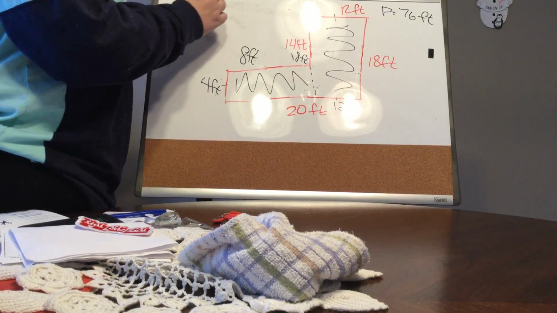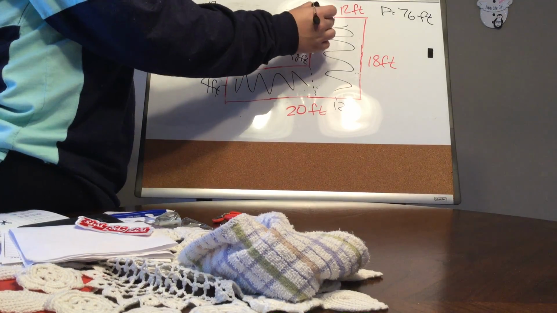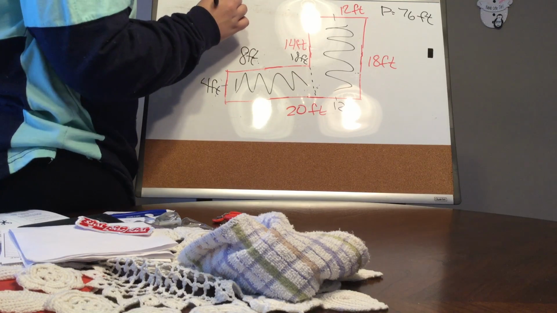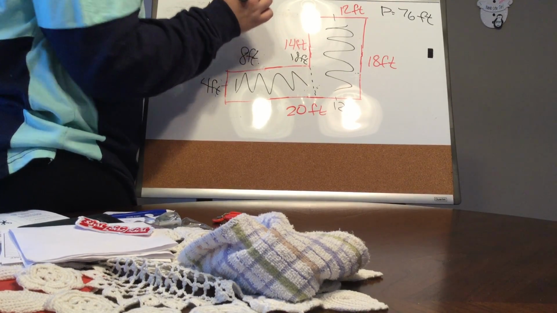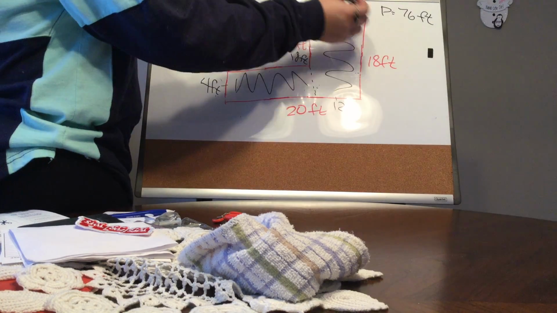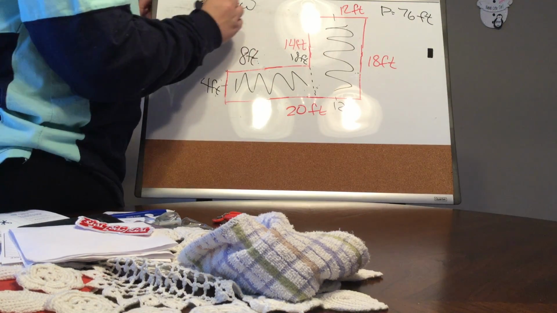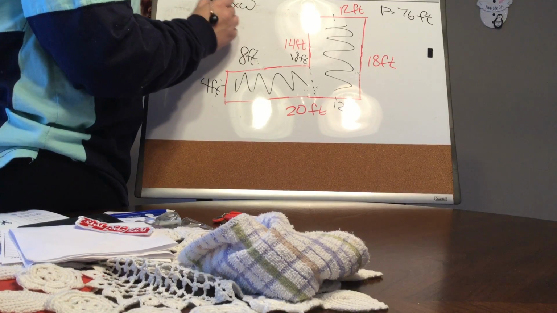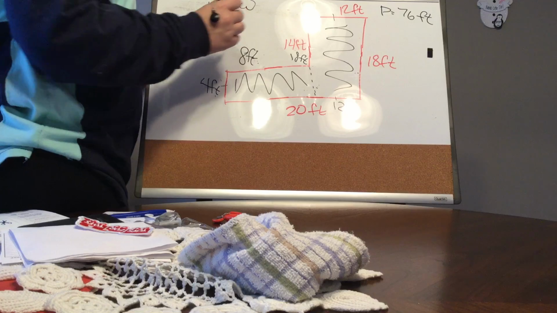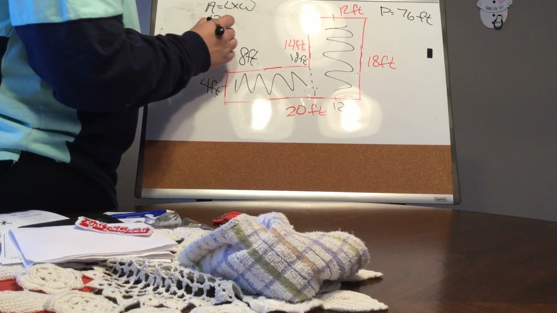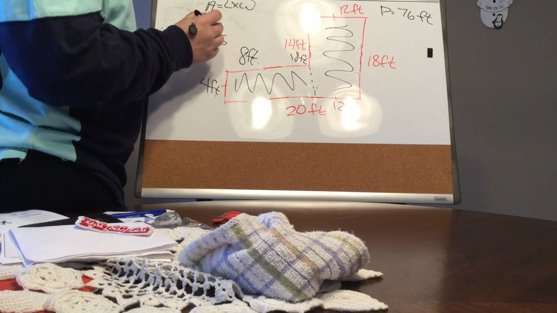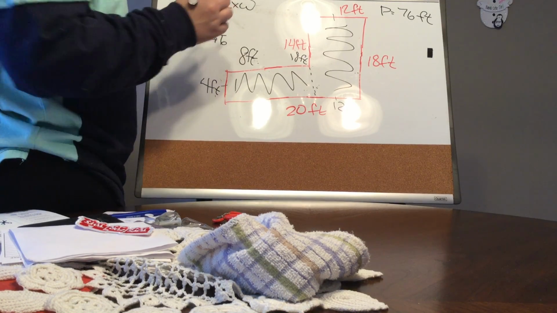To find the area of this rectangle, we need to do length times width because that's our formula for area. So we're going to do 12 times 18. So let's do that. 8 times 2 is 16. 8 times 1 is 8, plus 1 is 9.